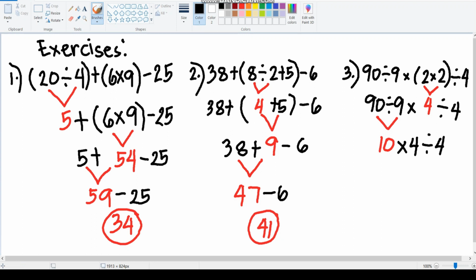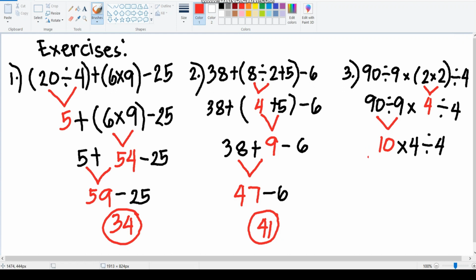Now we are still remained with multiplication and division. So still, because they are partners, and according to the rule, if multiplication and division are present in the given expression, we will solve first from left to right.